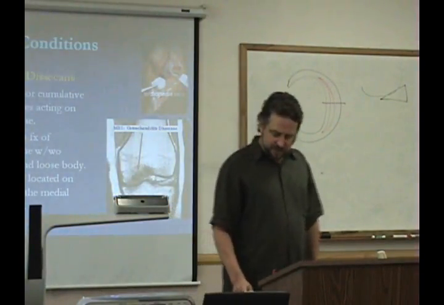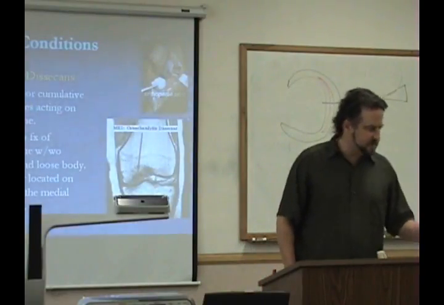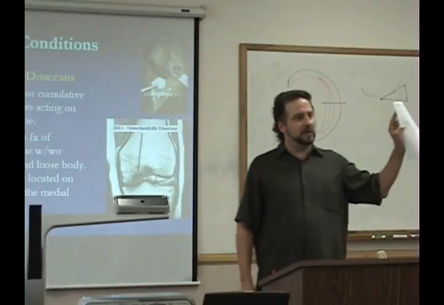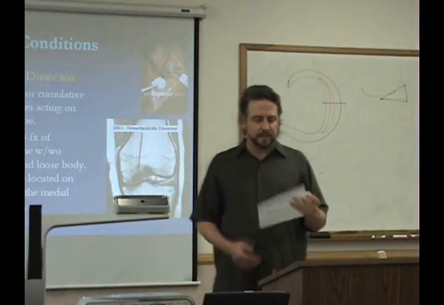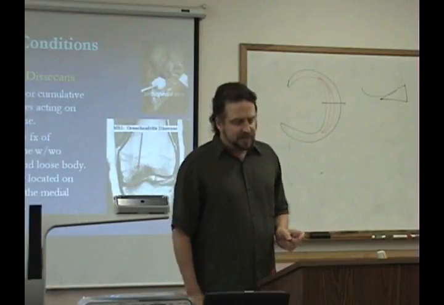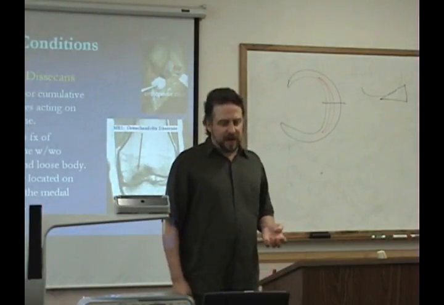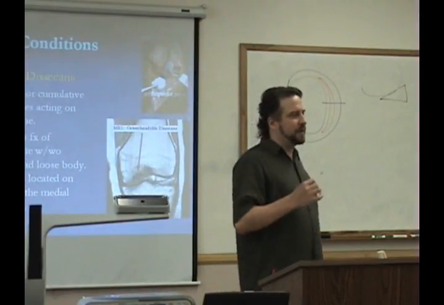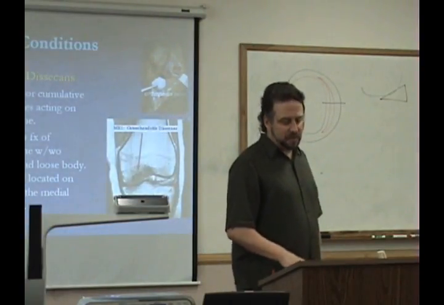Okay, now osteochondritis, that's the one that wasn't in the note. It's on the back page of this thing that I handed out. Basically it's like a stress fracture to the bone, on the bone just below the cartilage, so we're talking about subchondral bone.